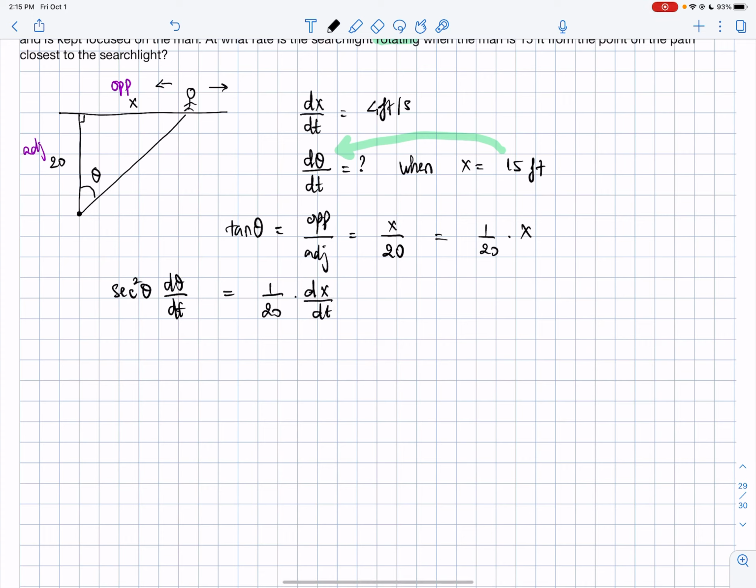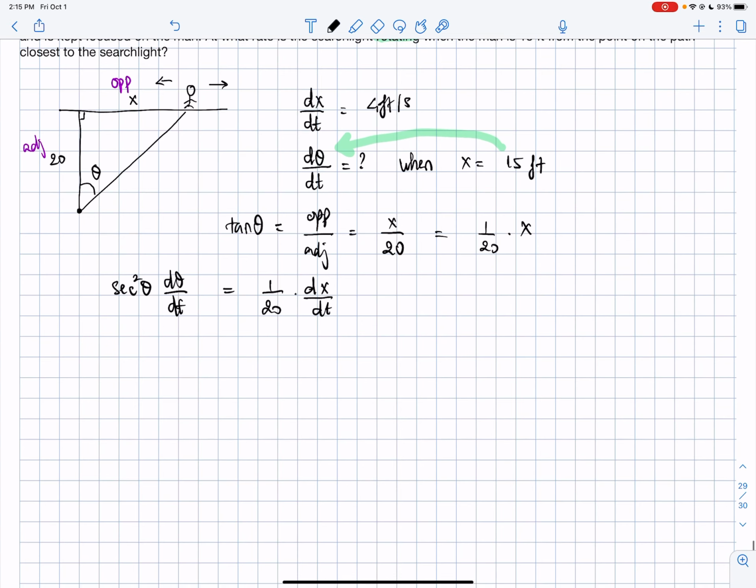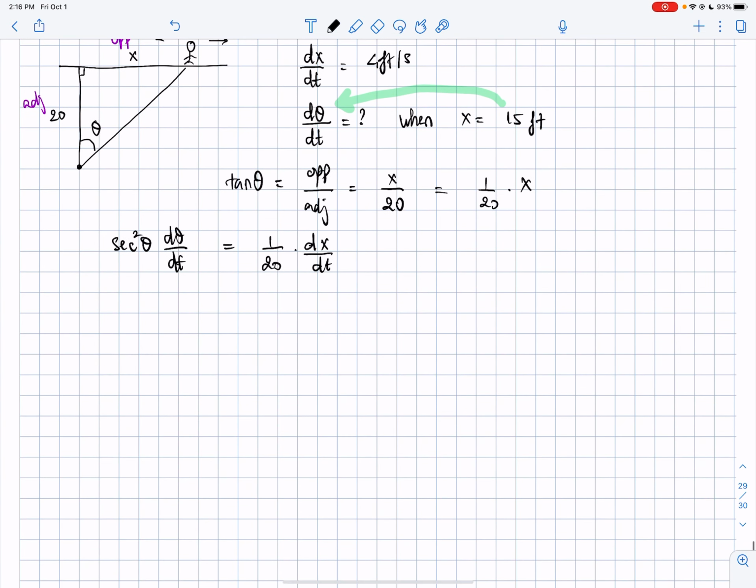We are using the chain rule. The derivative of x is 1, right? Then we solve for d theta dt. We will have 1 over 20 secant squared theta dx dt.